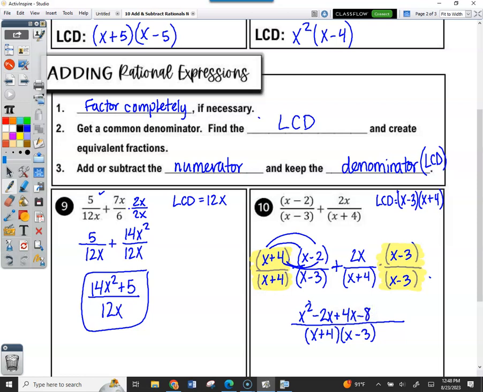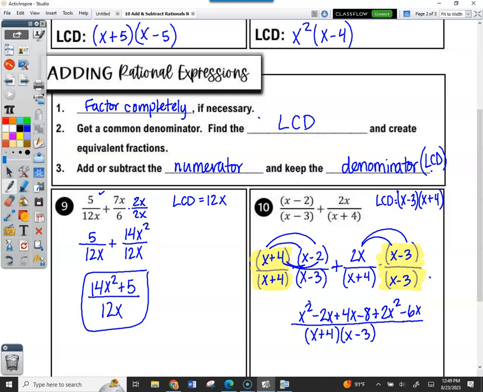Keep moving across the problem. Plus, that was a monomial times a binomial, 2x squared minus 6x. Then you would clean the top up. So you'd have 3x squared plus 2x minus 6x, so minus 4x minus 8, right? Right here, that'd be 2x, but then minus 6x.